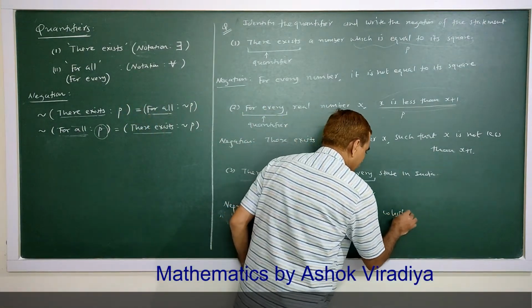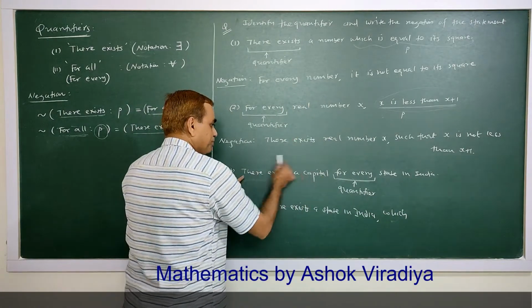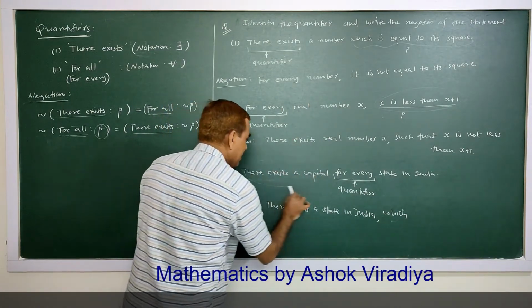Which does not have. This was P. There exists a capital, it is like P.